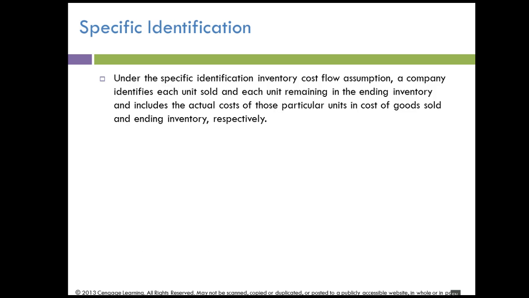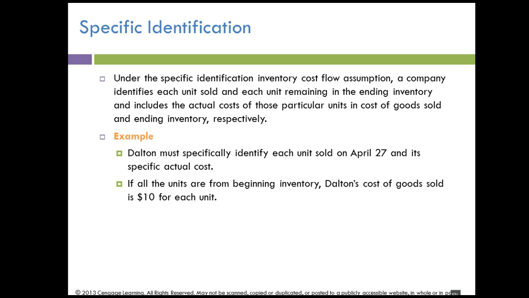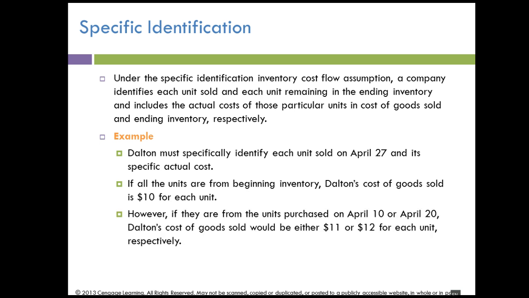When we're dealing with what we call specific identification, we will specifically identify the units that were sold, and then those units that weren't sold will specifically be shown in our ending inventory. So if this company specifically identifies those units that were sold, then we can really come up with the actual cost of those units sold.